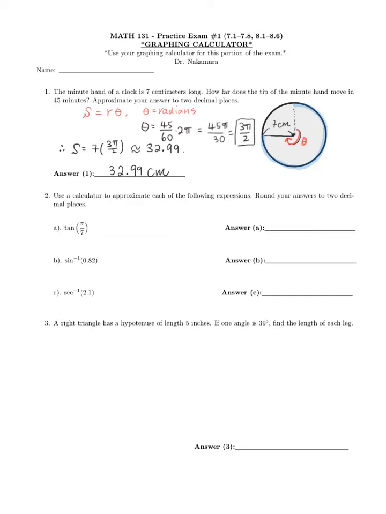But those of you who know already how to compute tangent of pi over 7, if you type that in, you should get, I got 0.48. Please check my work. And make sure that you're in radian measure. And then I will also show you how to go from radian measure to degree measure.